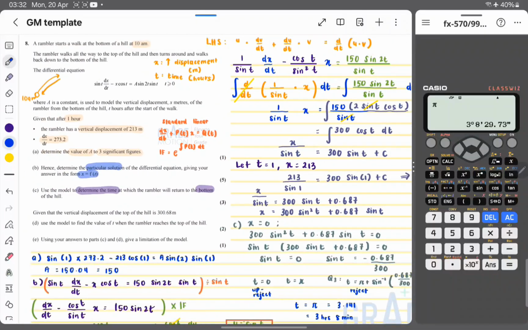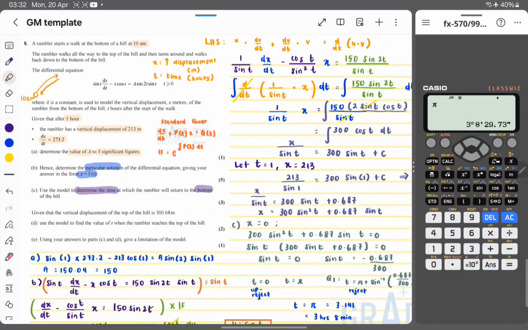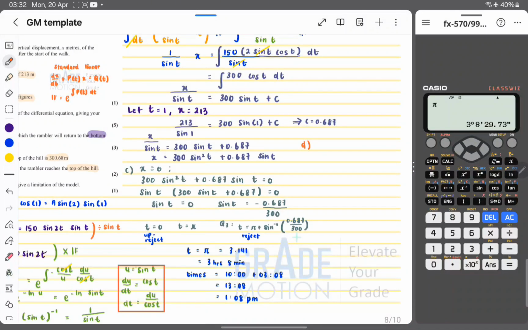Moving on to D. Given that the vertical displacement of the top of the hill is 300.68, use the model to find the value of t when the Rambler reached the top of the hill. We have x is equal to 300.68.